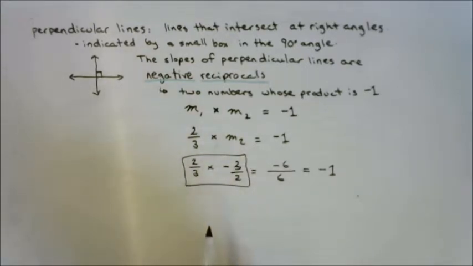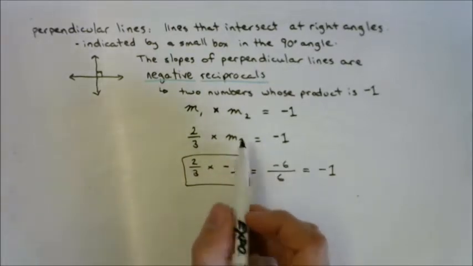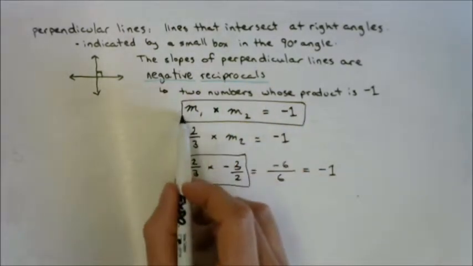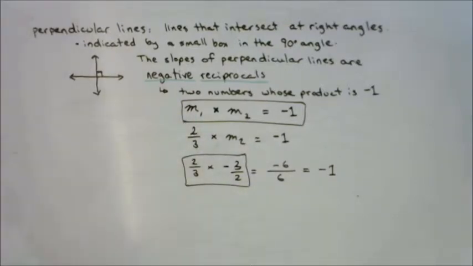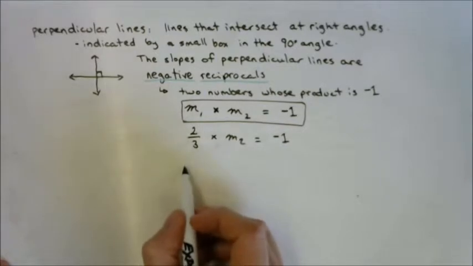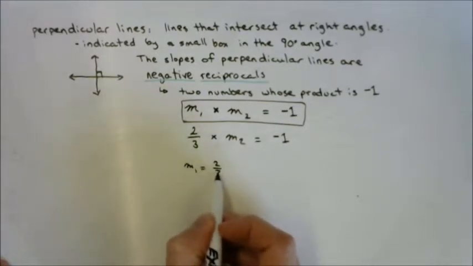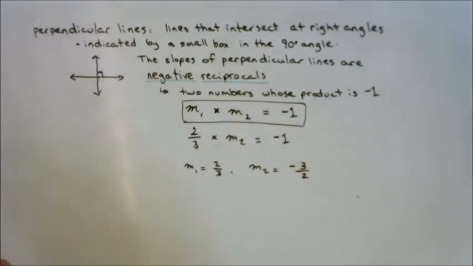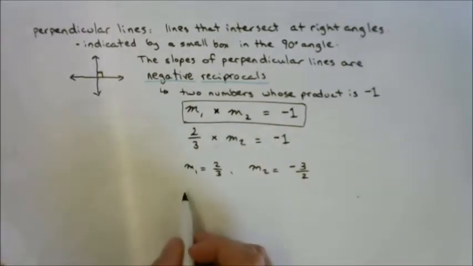Okay? Now, you need to know this. This is the rule. You need to know that this is what causes lines to be perpendicular. But for all practical purposes, once you get good at it and used to it, you can just say, oh, if m1 is 2 over 3, then m2 must be negative 3 over 2. You'll know that. Okay?